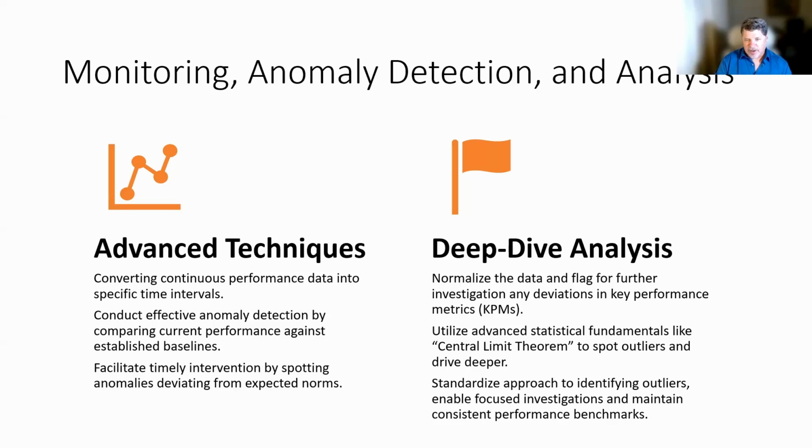So we're trying to look at the whole system or the whole application rather than any one given transaction interaction. And this is going to help us with our anomaly detection, because we're going to compare any new work against what we have collected in the past and created in terms of our baseline.